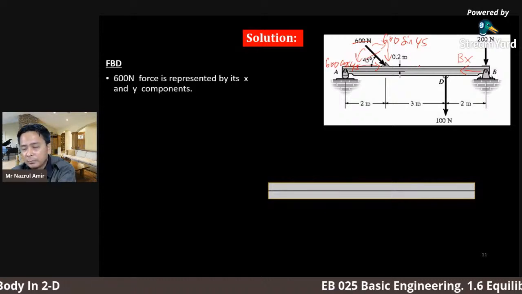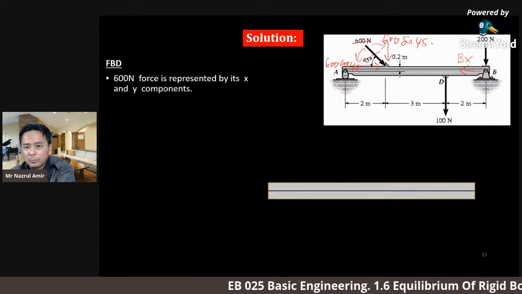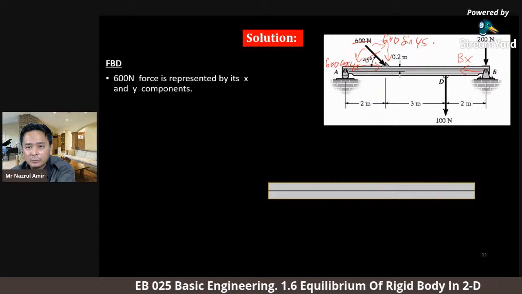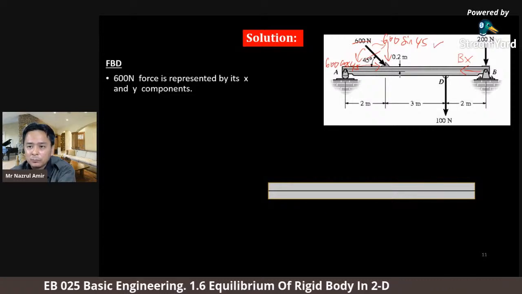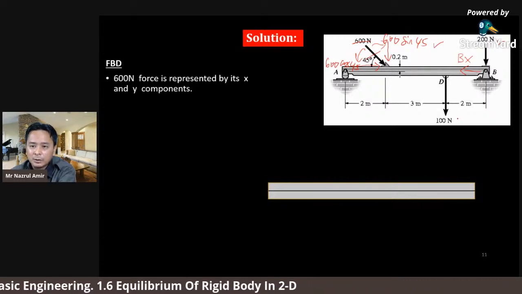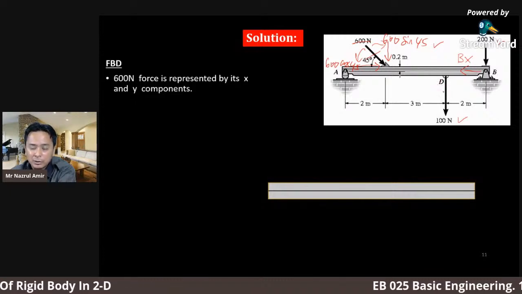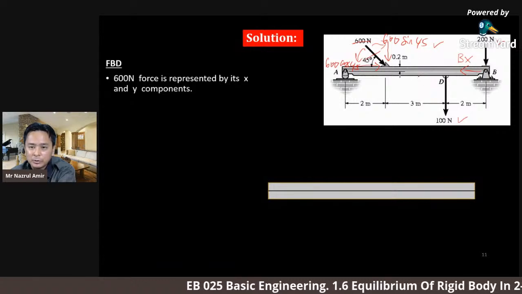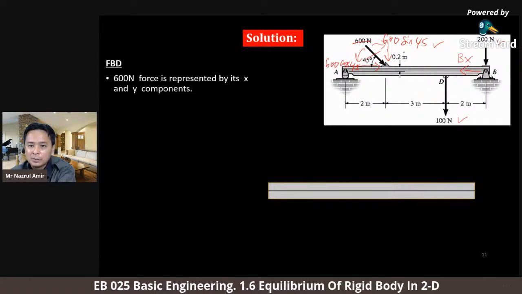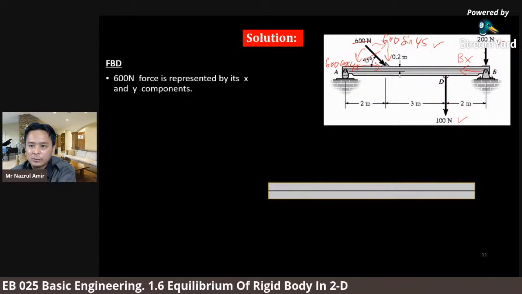In the y direction, the action forces are provided by 600 sin 45, 200 Newton and 100 Newton. So all the 3 forces are directed downwards. They try to move this body downward with the force of 600 sin 45 plus 100 plus 200.